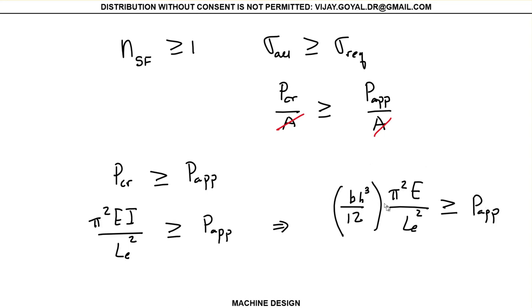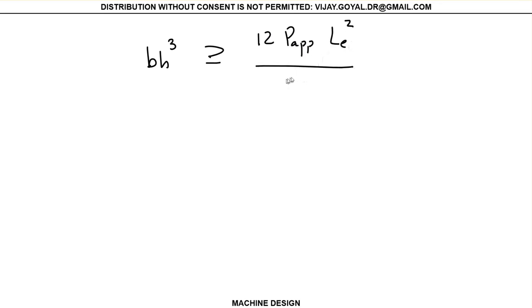Now let's leave the dimensions on this side and move everything to the other side, and you find the following: b h cubed bigger or equal than 12 P applied multiplied by LE squared divided by E times pi squared.